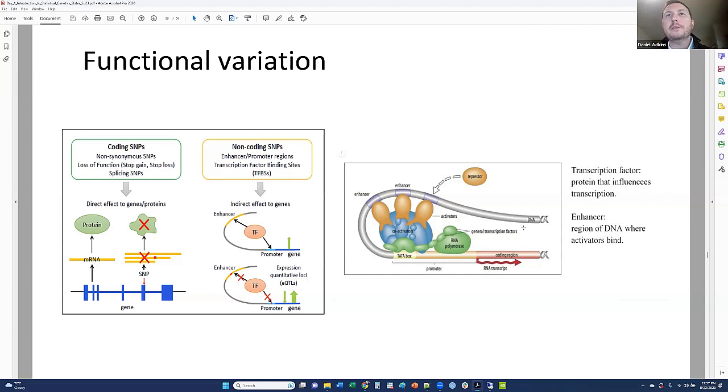And then over here on the right side of this slide, I just have a slightly more elaborate diagram describing the transcriptional machinery of gene expression, right? So here we've got the promoter.